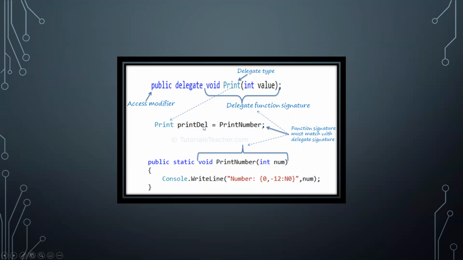And when we run that line of code, we would like for this print number method to actually run. We can do that by setting up a delegate. Our delegate says that it is a type of print, which matches that class specification there. And then it says that it has a value.